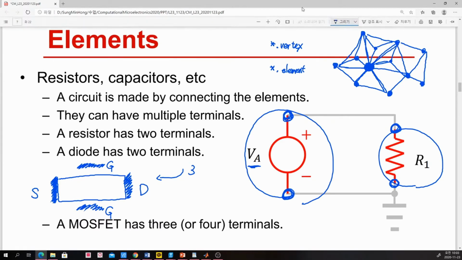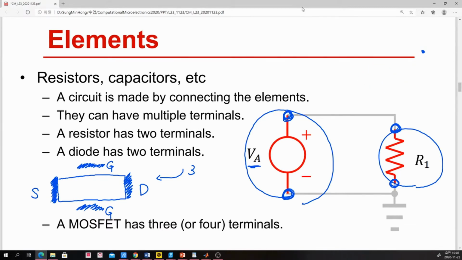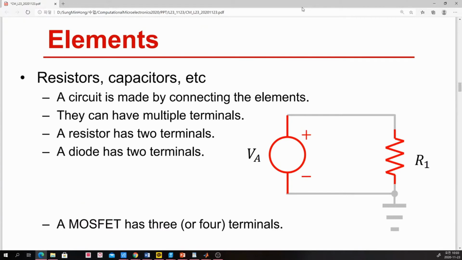Any number of terminals is allowed depending on the physical implementation of your circuit element. So that is a given number for each element. If you are working with a transistor, you will have 3 or 4 terminals. If you are working with a resistor, you will have 2 terminals.